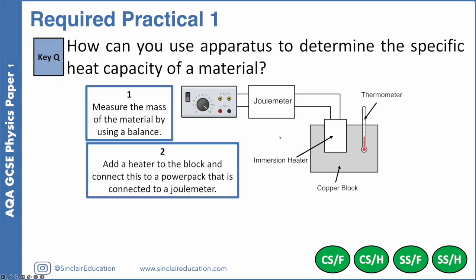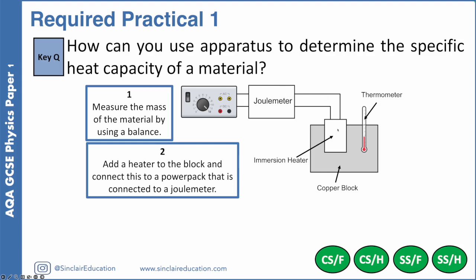What we'll then do is have a heater attached to a power pack. In between, a handy piece of equipment to have is a joule meter. The joule meter will count how much energy has gone through to that heater. As this is on, we get a digital count of the amount of energy that's gone into this.